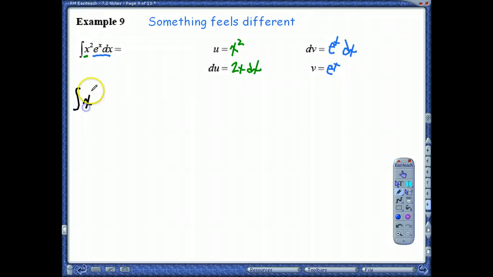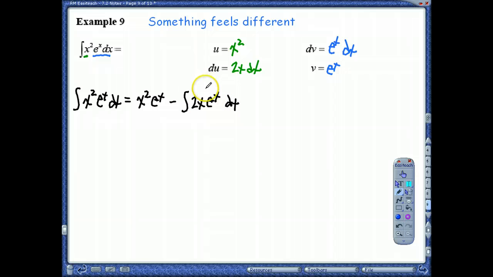It was x squared e to the x dx. That's going to equal u times v, so x squared e to the x, minus, and then v du, which is going to be 2x e to the x dx. Oh, that looks messy.